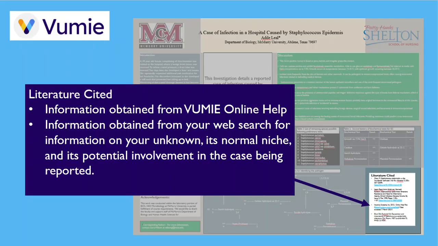If you use any outside information on the microbe, the case study, or in your analysis of the identification or its meaning or relation to the case study, it also needs to be cited. Any methods or processes from others, any ideas from others that you rely on to build your case, they need to be cited. And of course, you went to scholar.google.com and the National Library of Medicine and found articles that need to be cited here also.